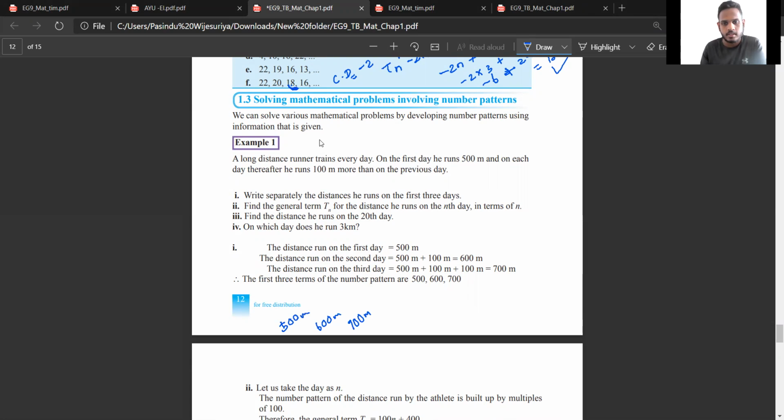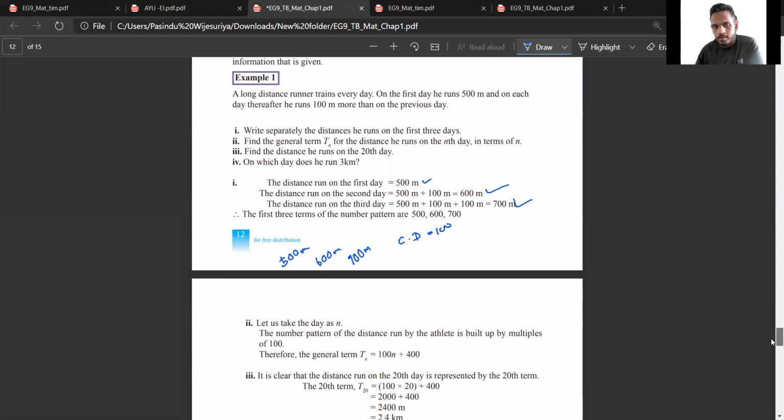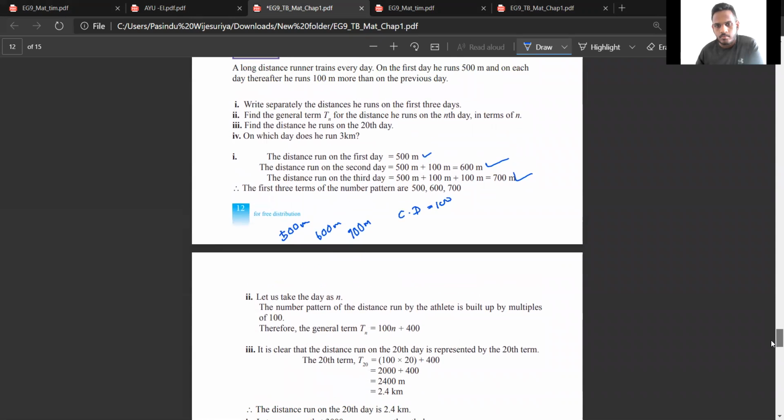So that's how they have shown it in word format: 500, 600, 700. Then find the general term for the distance. So how do you find the general term? You know the common difference is 100, so Tn is 100n.